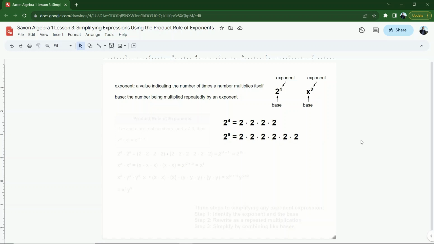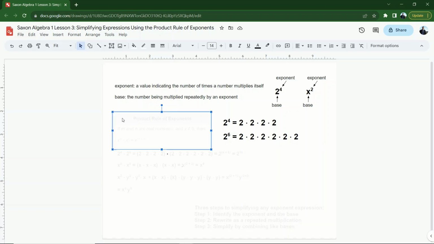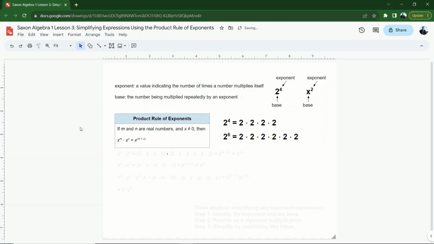Now, what about the product rule of exponents that I mentioned at the beginning of the lesson? Well, the product rule of exponents is one that looks complicated, but it's actually not too bad. If m and n, notice that m and n in my little notation down here are exponents. If m and n are real number exponents, and the base x is not equal to 0, there's an important reason for that we're going to get to later, but for right now, we're not going to worry about why that is.